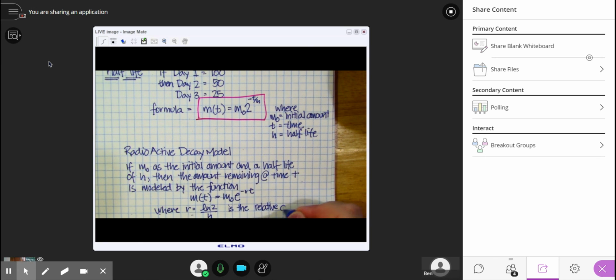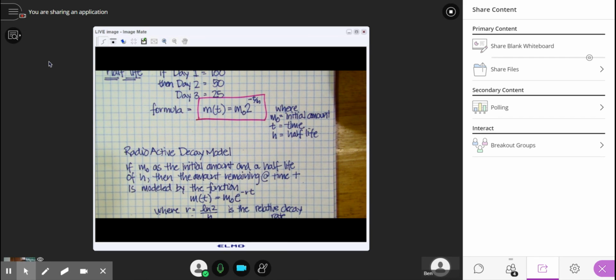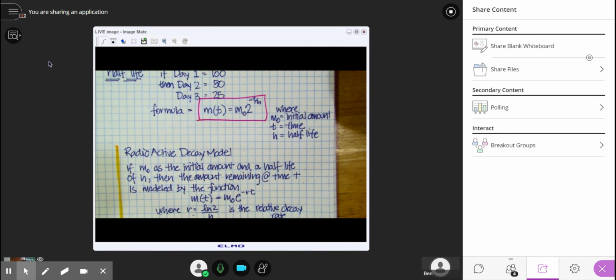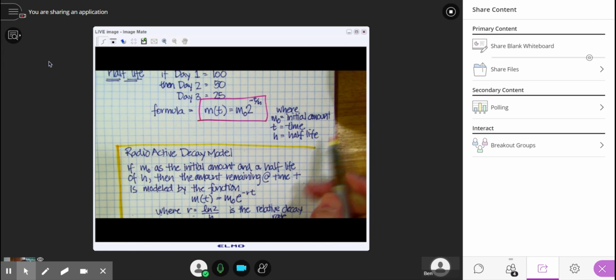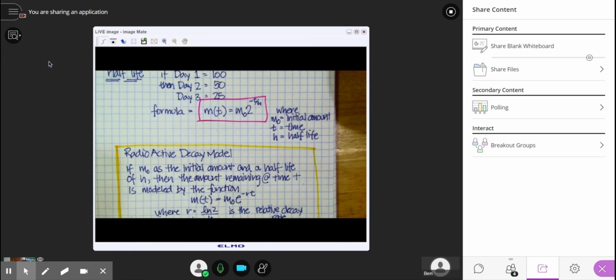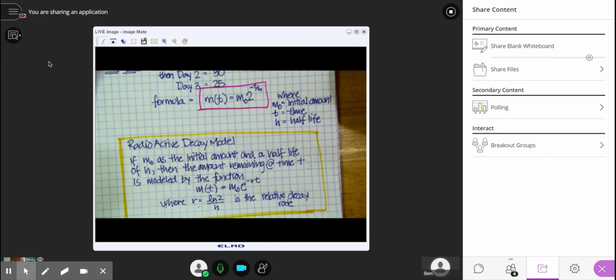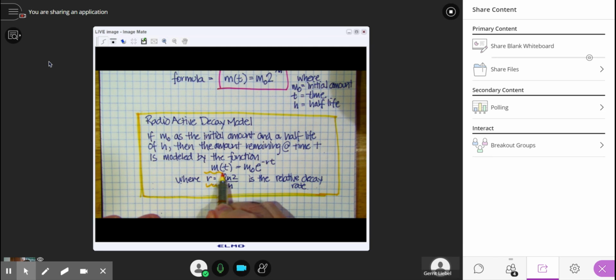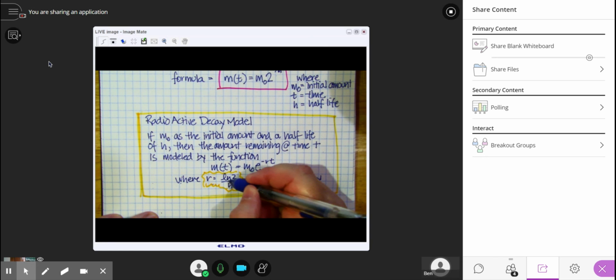This is the relative decay. It looks like an N, but that's an H.